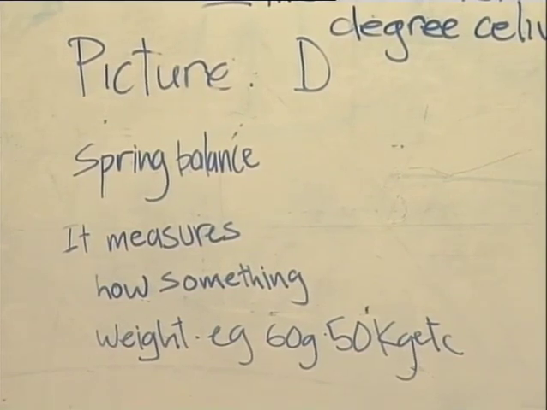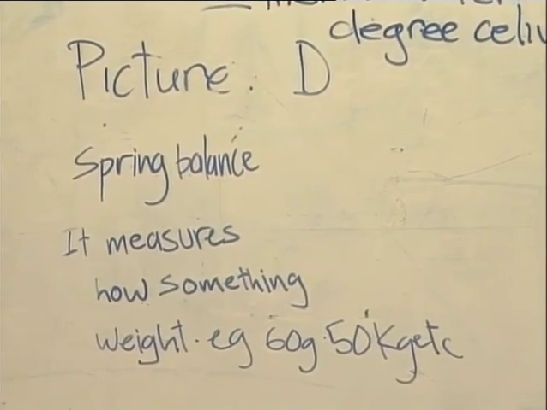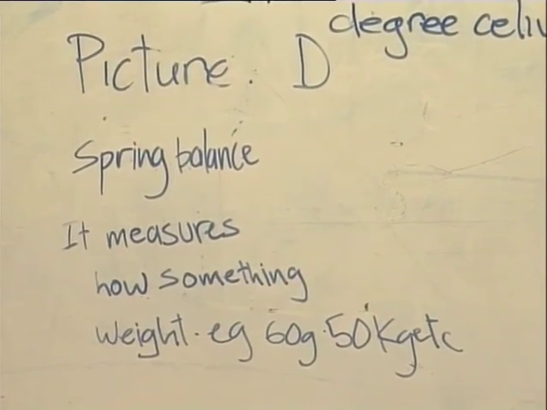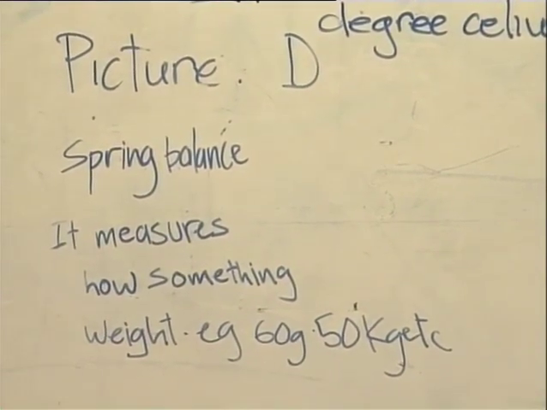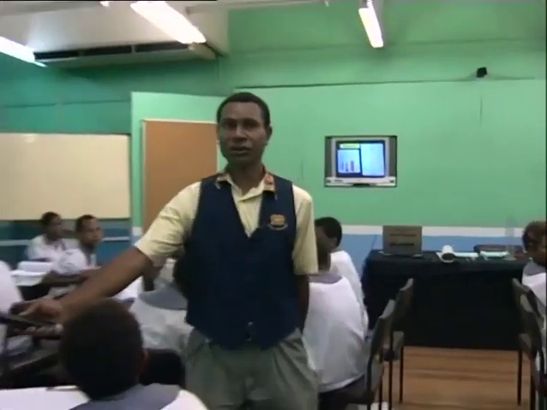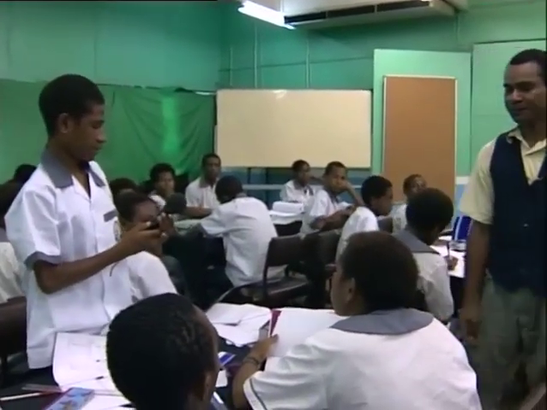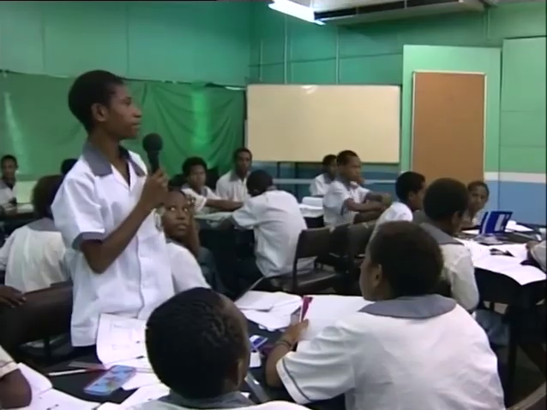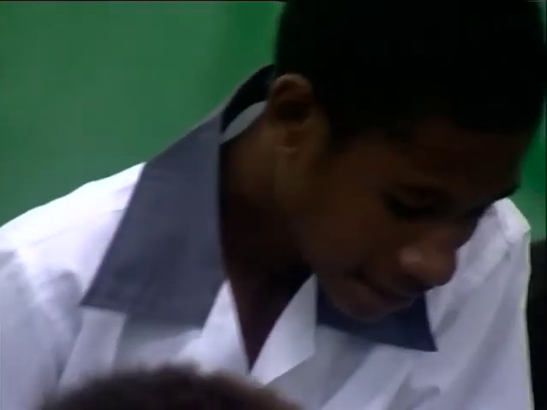All right. It is used to measure weight or mass. We have grams, grams also used, and what else? What kind of units also used to measure? Kilograms. Okay, kilograms. Thank you.